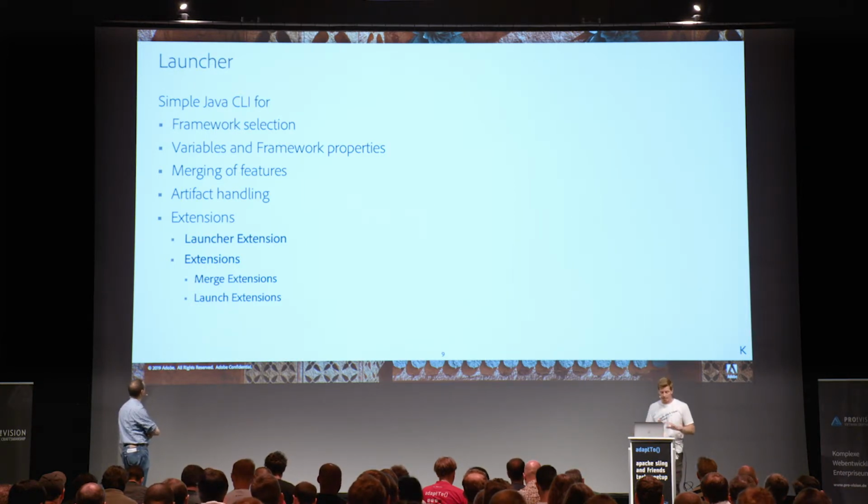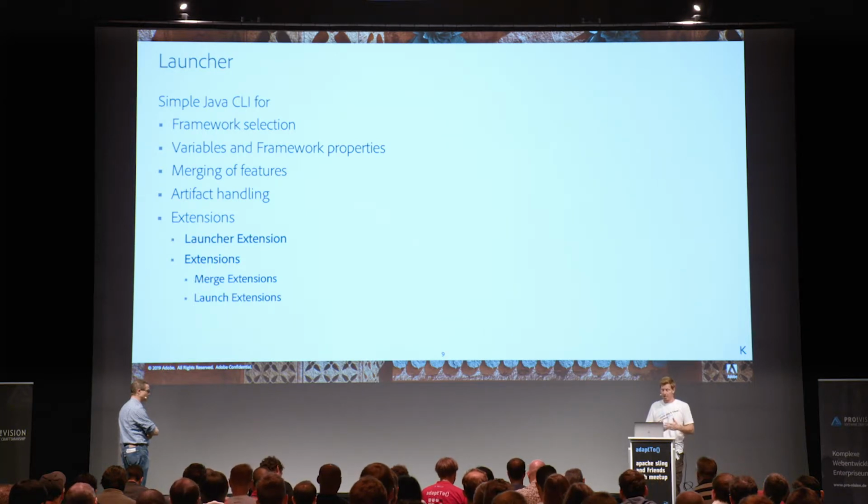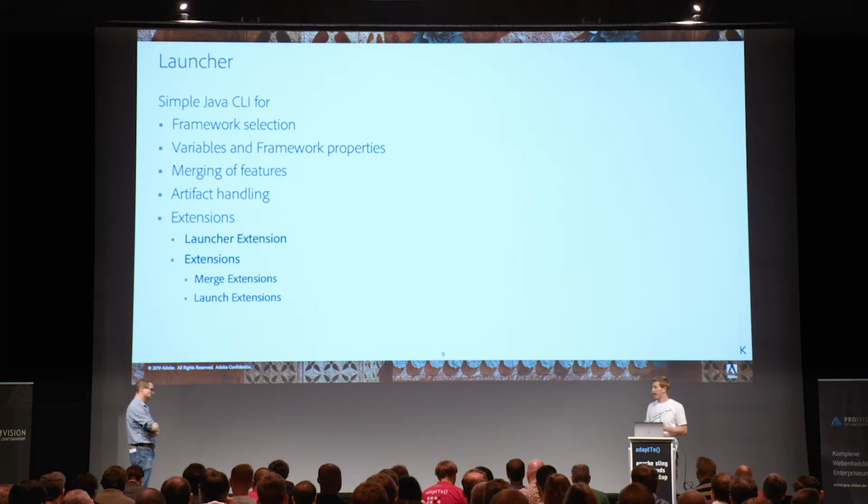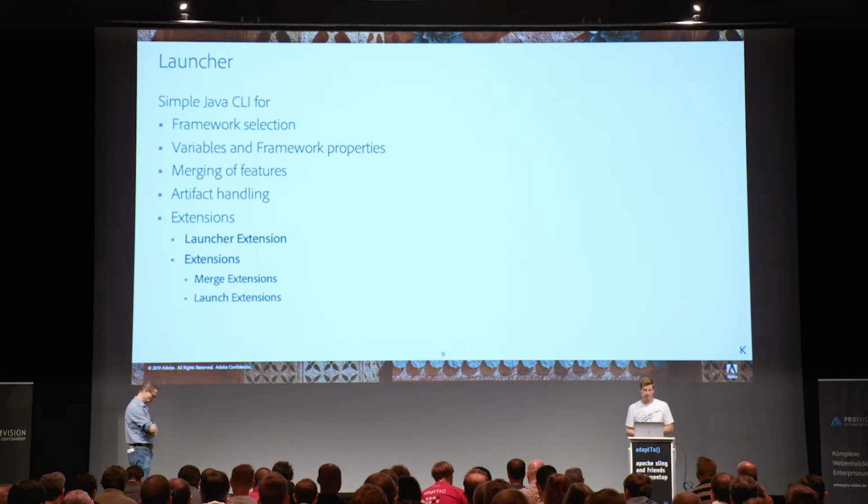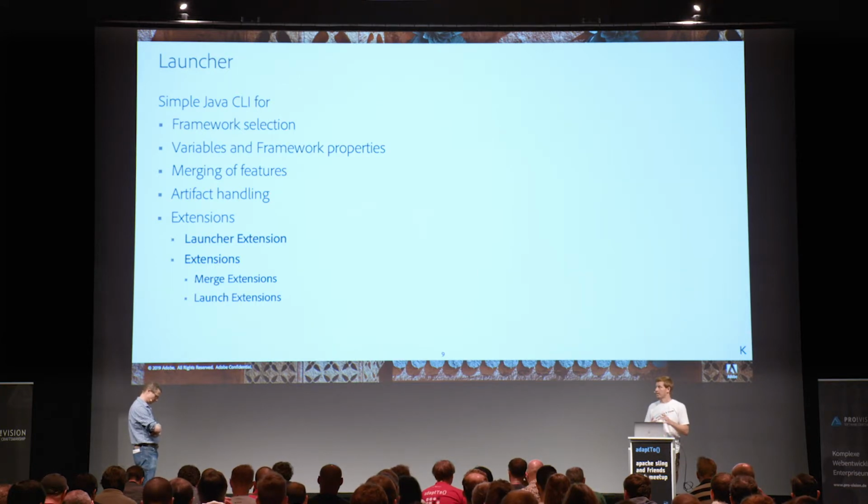Right. So a special thing is we also have extensions that you can give to the launcher. If you want to do some late processing of your custom metadata that you had in features, you can. You have to give them as jars on the class path to the launcher. Then it will just call you before it starts the whole thing so that you can process them.